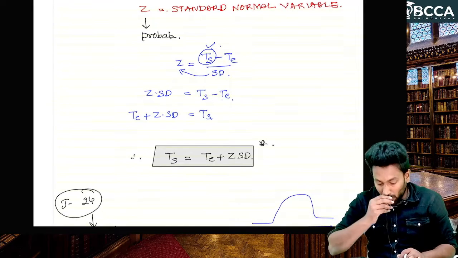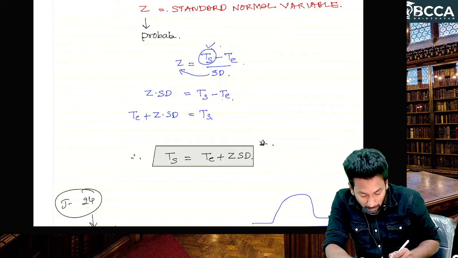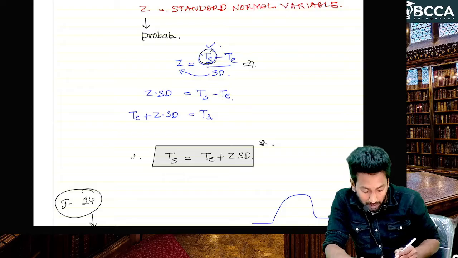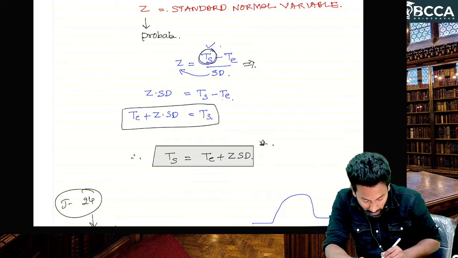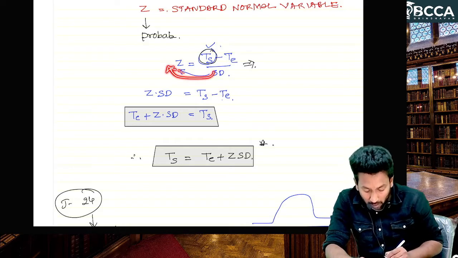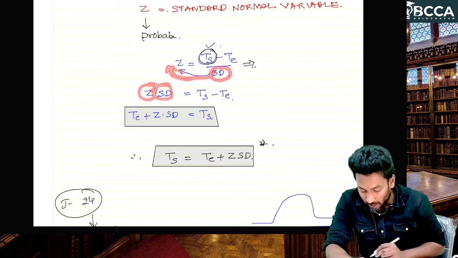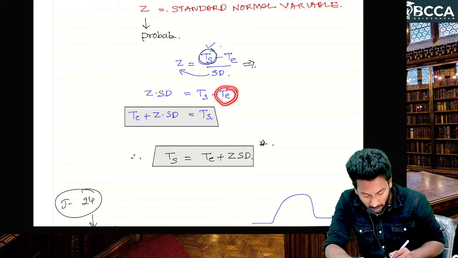In some cases they will give you the direct probability and ask you to calculate the stipulated time. In that case the formula is rearranged: bring the standard deviation to the left side, you get Z into standard deviation equals stipulated time minus expected time.